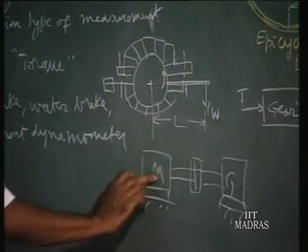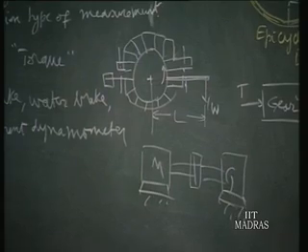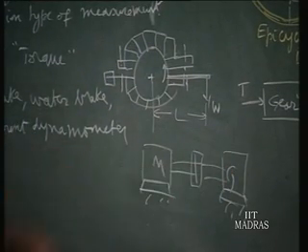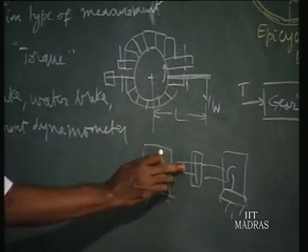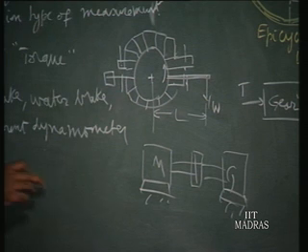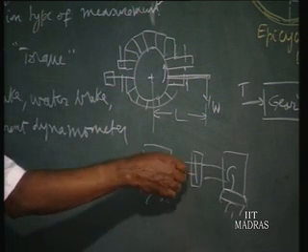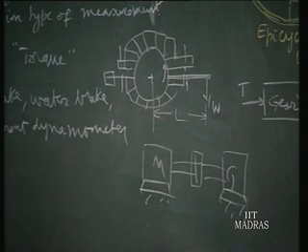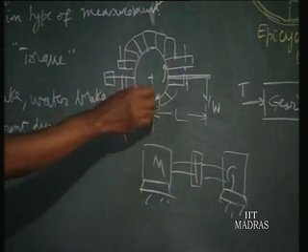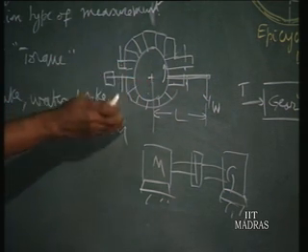So this is the power source, and this is a power sink, or it may be a pump, motor to pump. In such cases you normally go for the transmission type of measurement. We are going to learn 2-3 methods of transmission type measurements. In the absorption type, all the energy is absorbed by this method.